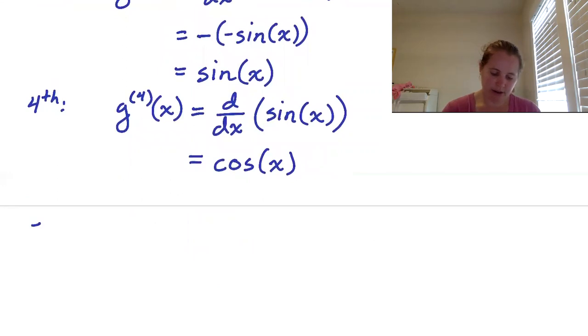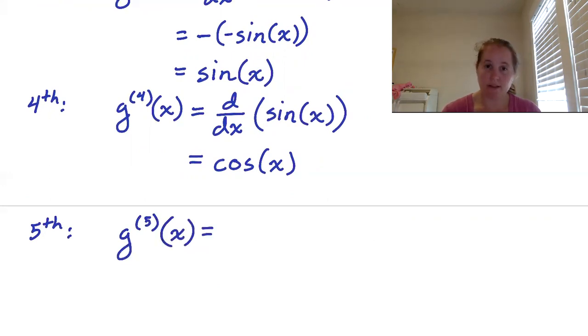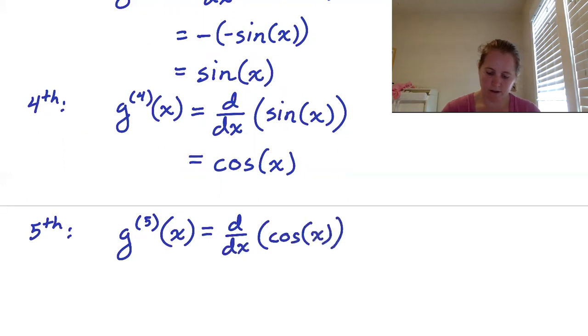And now we finally take the fifth derivative. The fifth derivative of x will be the derivative of cosine x, otherwise known as negative sine of x.